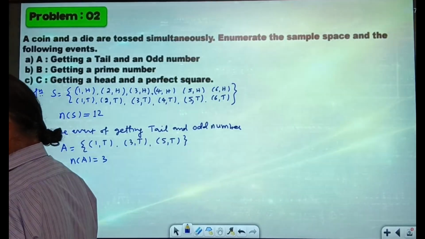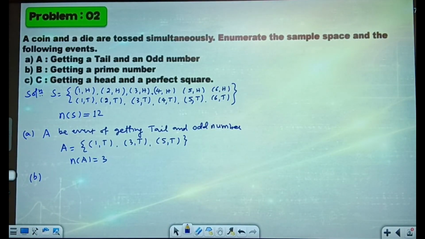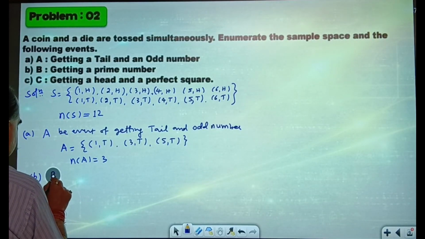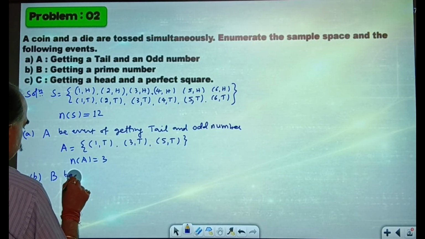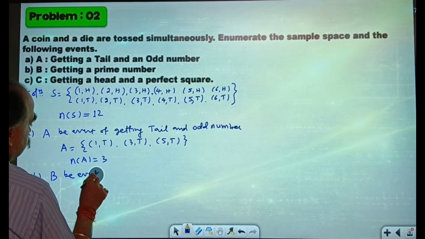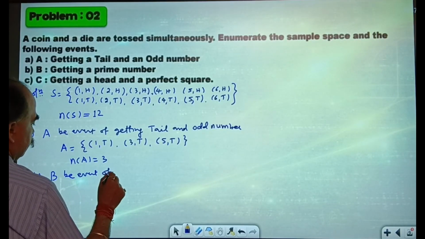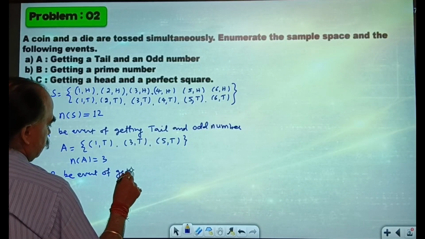B is the event of getting a prime number.